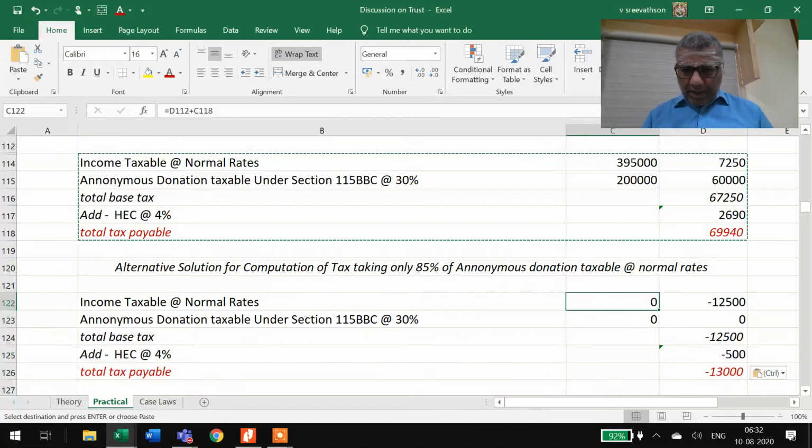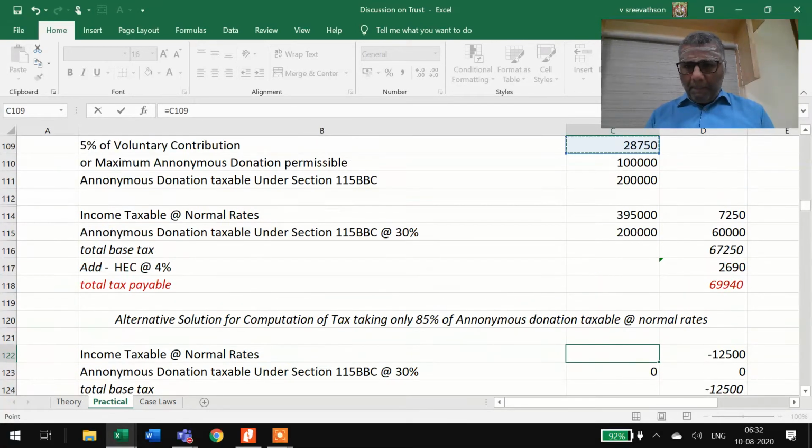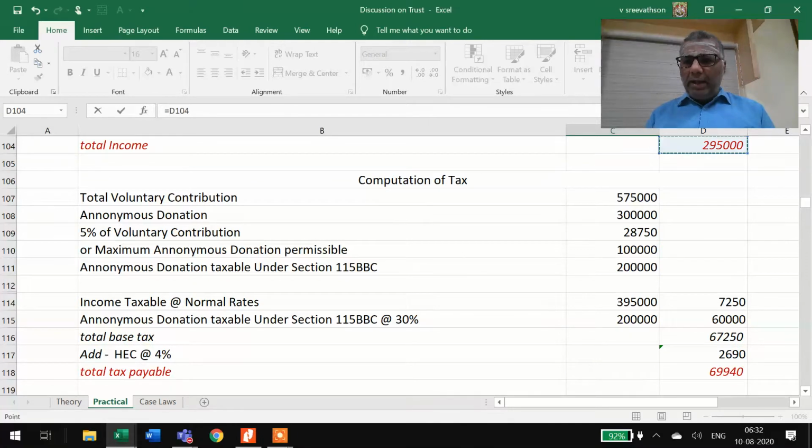What will happen here is 2,95,000 plus 1 lakh into 85%.